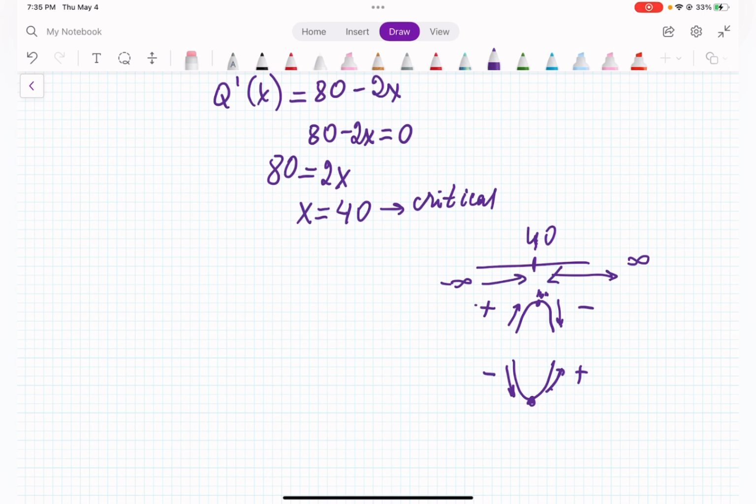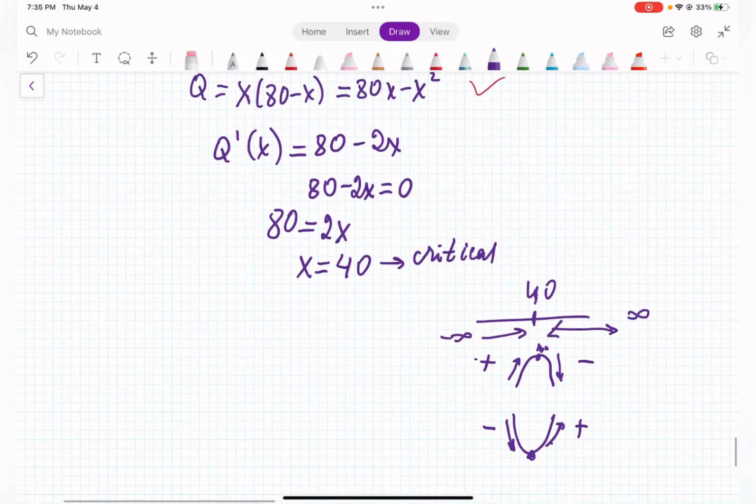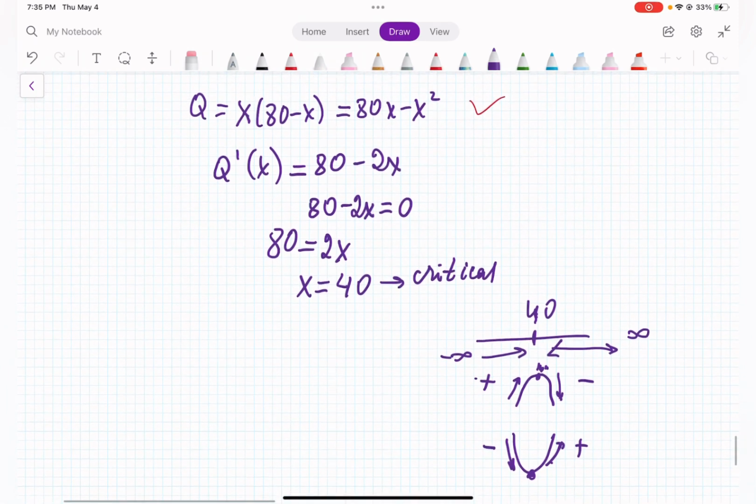We're going to go with the second method, the second derivative. Instead of testing, we take the second derivative of the first one.